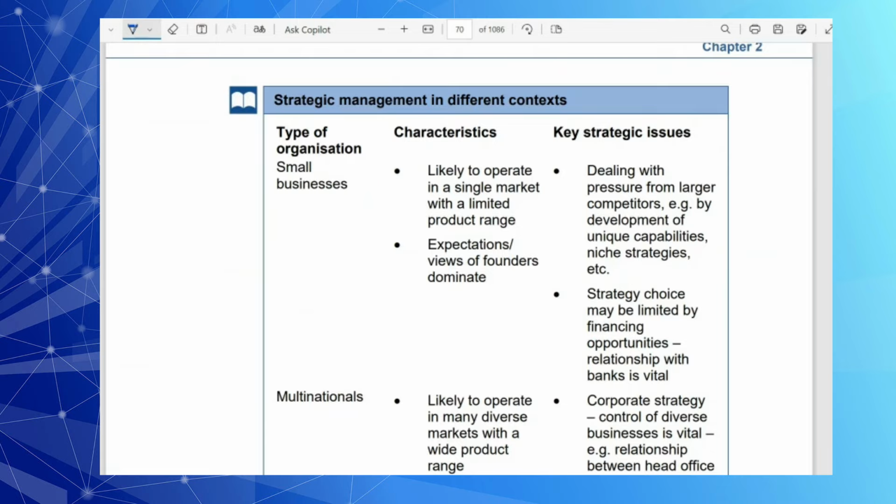Public sector, like a limited company, has significant government influence, and obviously the planning horizon is driven by political rather than market conditions. The key strategic issues are the role of ideology, competition for resources, and having to demonstrate value for money to win funding.